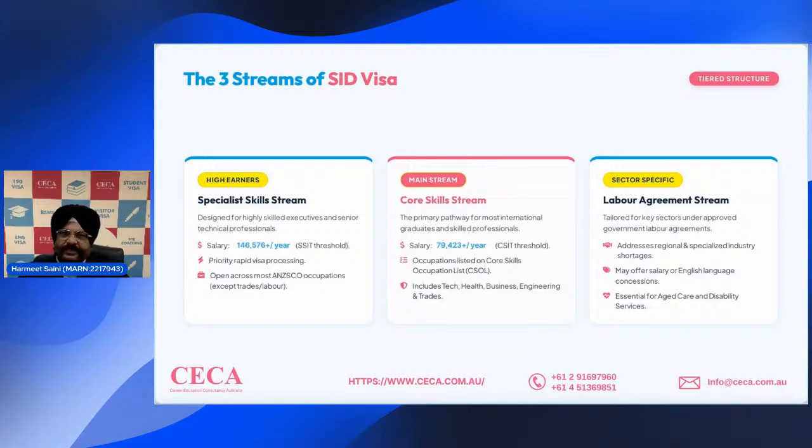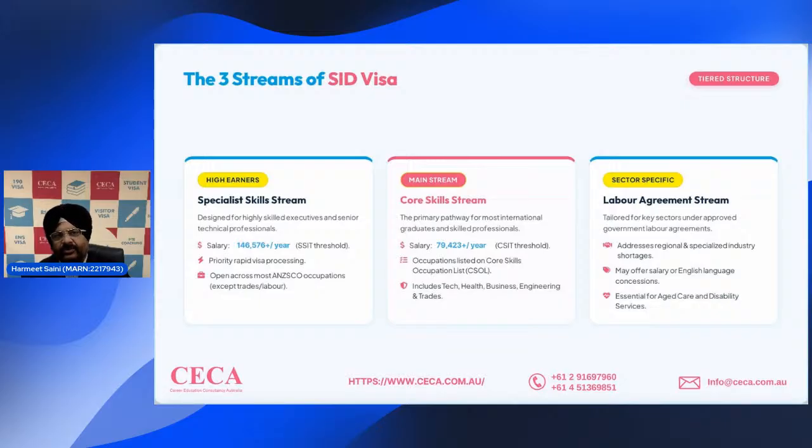The core skill stream is the main stream where most of the applicants are sponsored. It is the primary pathway for most international graduates and skilled professionals. Under this stream, the employer has to meet the salary threshold, which is currently 79,423 for this financial year.